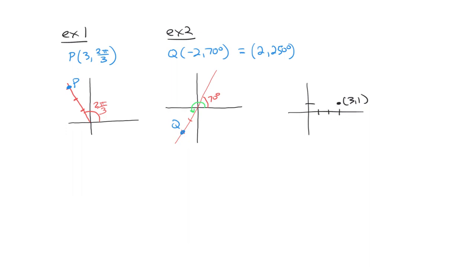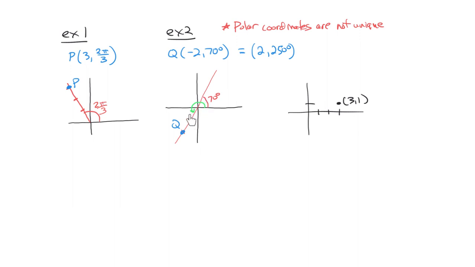But here's the takeaway. This is going to be important for us to know. Polar coordinates are not unique. In fact, there's an infinite number of ways to describe this point, because couldn't I get here and then just add 360 degrees and get here and add 360, 360?